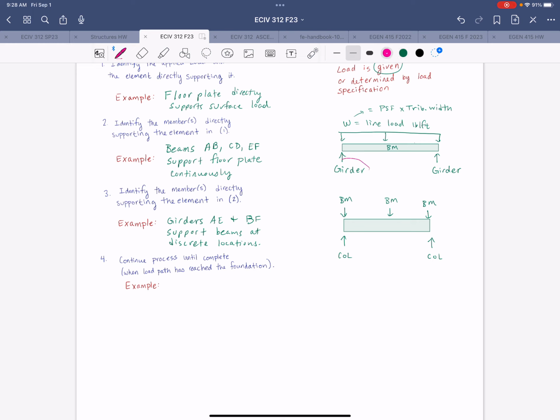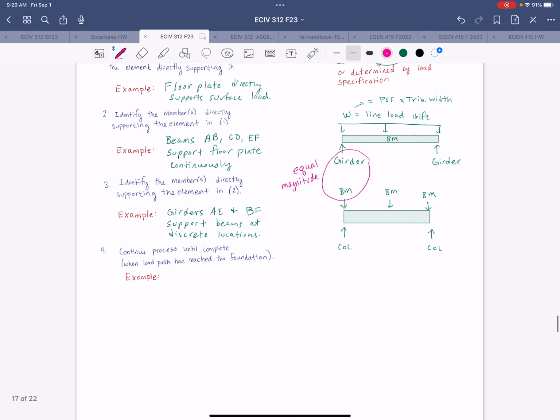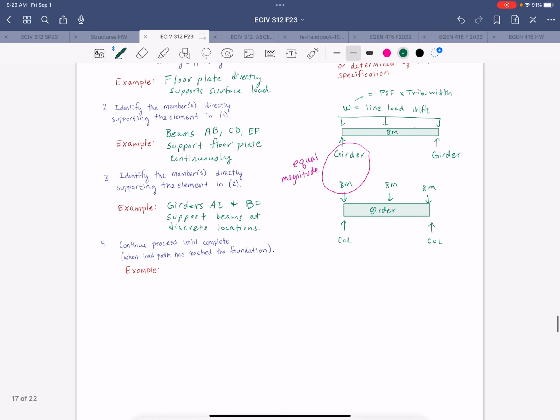So these are the same thing. I'll say equal magnitude. And here's our girder. All right, and then so on.